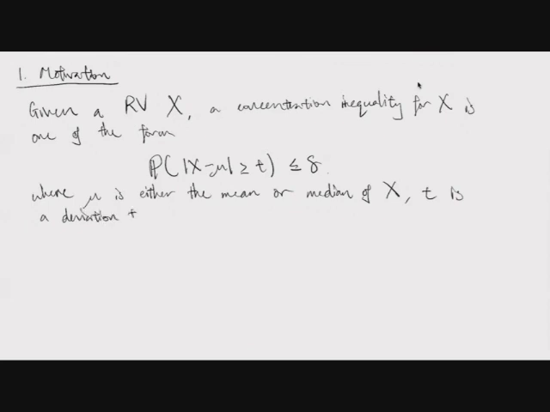It's going to give you a window, and we want to say that X is going to lie within this window around mu most of the time. And this delta value measures the mass of the distribution that lies outside this window.